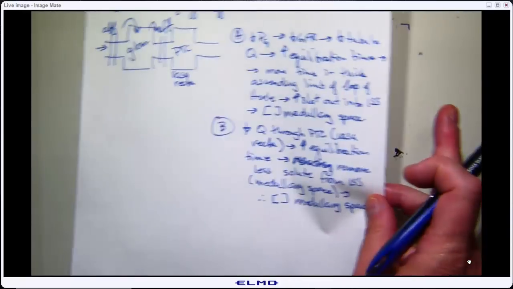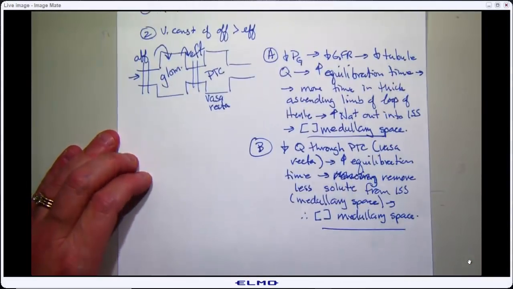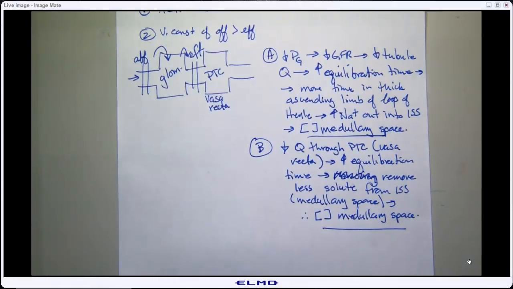So that maneuver, both of these, work to change the concentration gradient. Okay, so now not only have we made that tubule more permeable, we've concentrated the medullary space. So now it doesn't go from 300 to 1400, it might go from 300 to 1700. Now that's a greater drive for water. Okay, so we made it more permeable and we increased the drive.